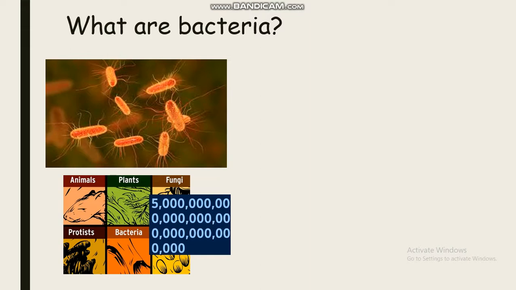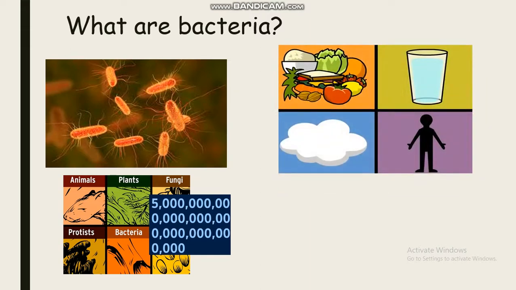Even though bacteria are so small, they cannot be seen with the naked eye. They are present all around us. Bacteria is present in our food, in our water, in our air, and even in our bodies. Bacteria can only be seen under a microscope.